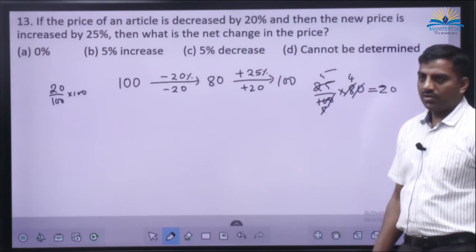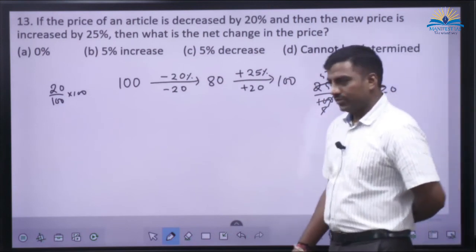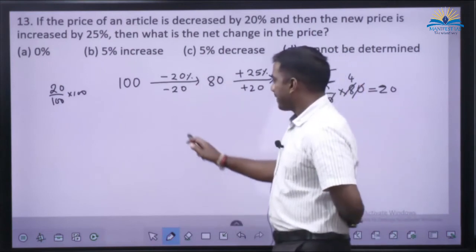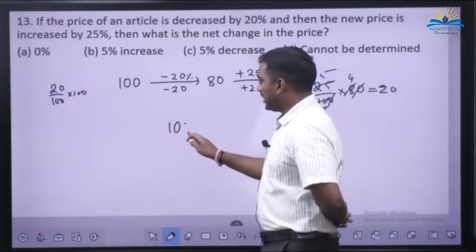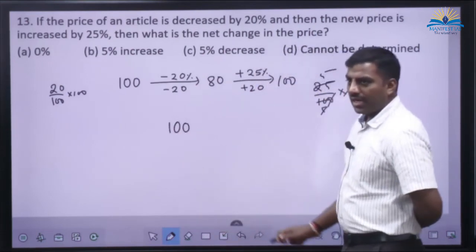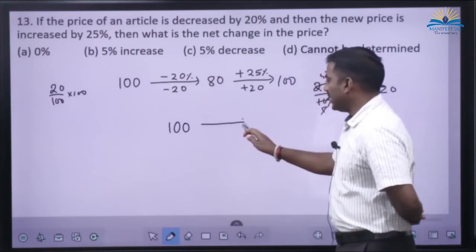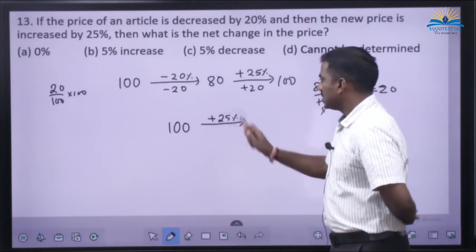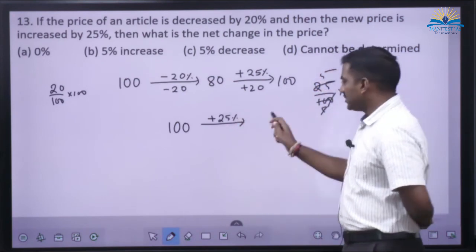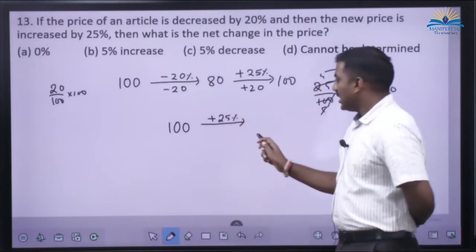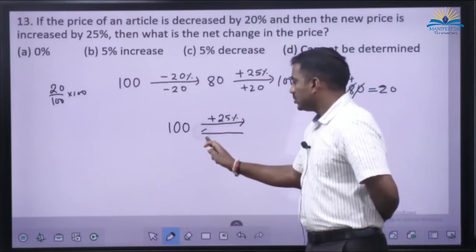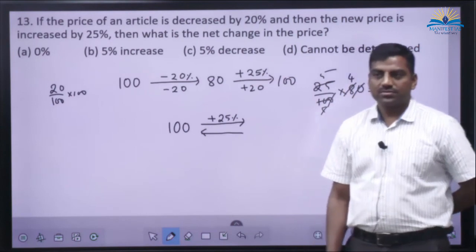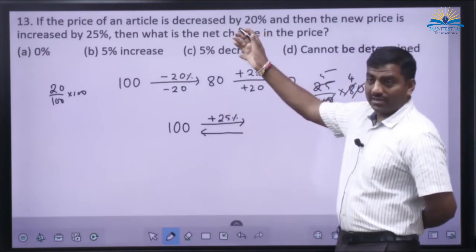Okay. Now tell me, just like this, something is 100 and I increase it by 25%, it will become something. If I want to bring it back to the original price, just like this, right?